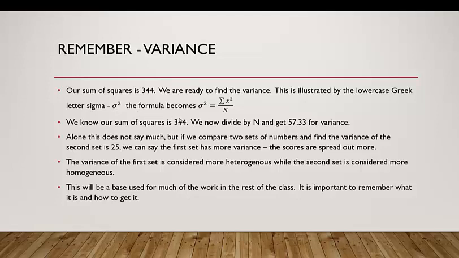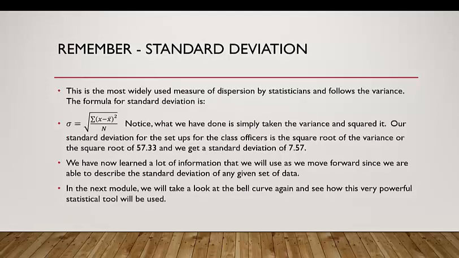That in and of itself is difficult to gauge unless we have some comparisons to go by. So what we then do is take our variance and, drum roll, we find the standard deviation. The standard deviation is simply the square root of the variance.